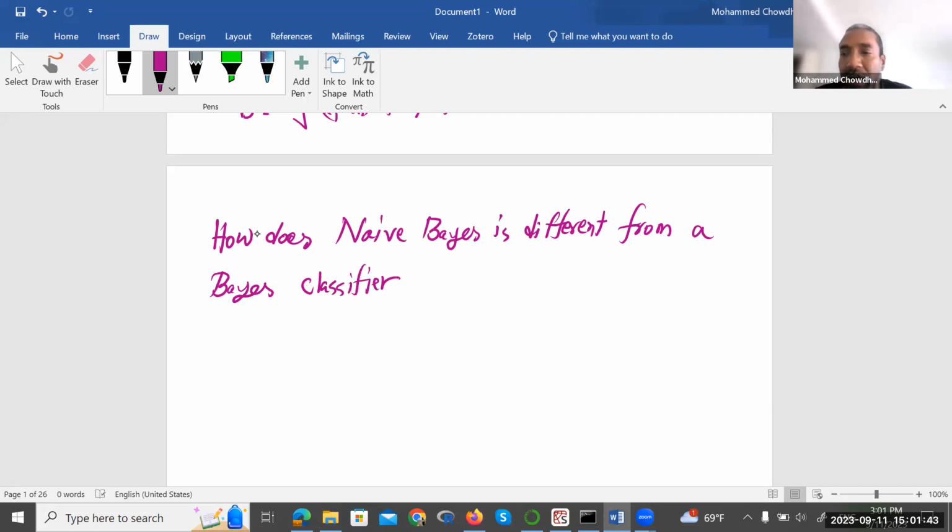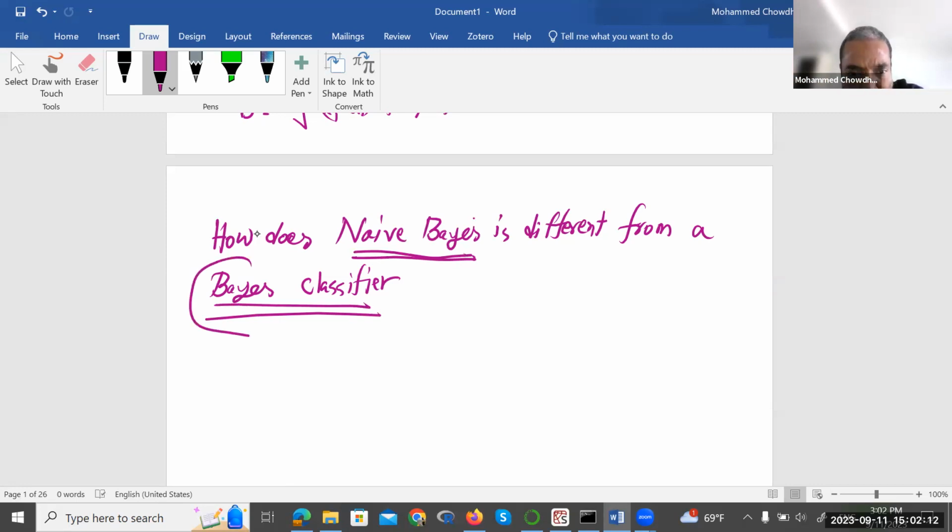Okay, instead of deriving these things, let me show you the derivations from the handwritten output, because if I derive it here, your video will be too long. But I want you to understand how the naive Bayes classifier is different from that one.